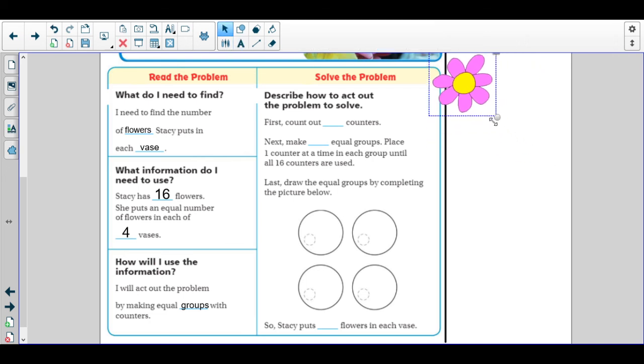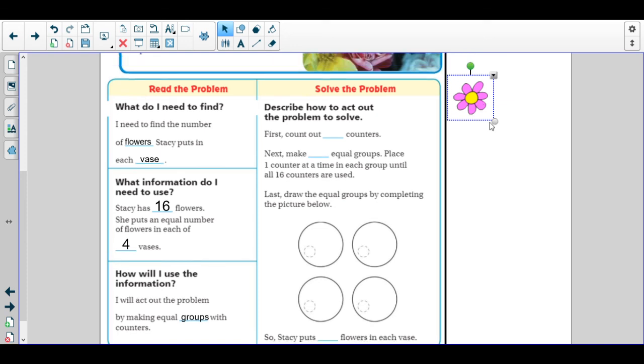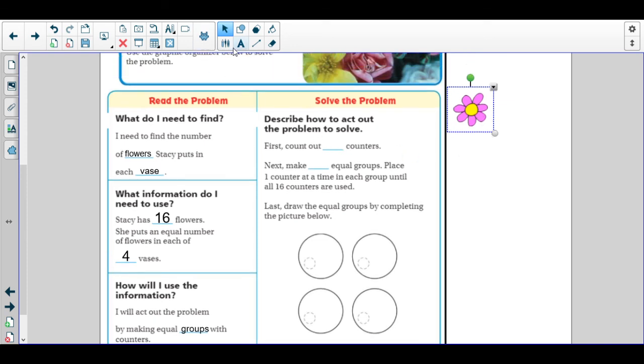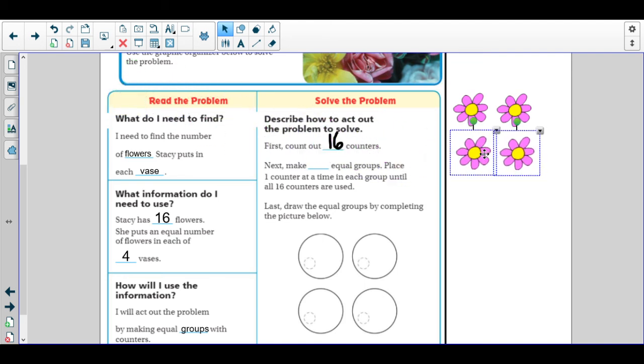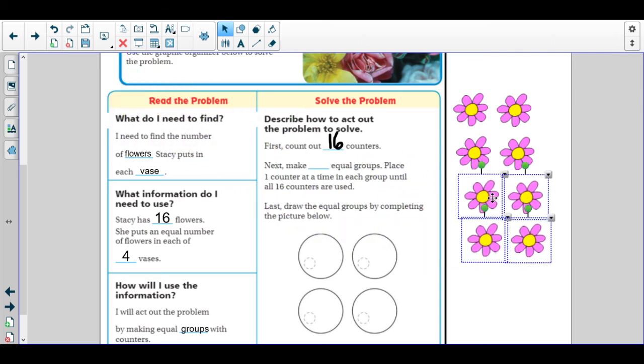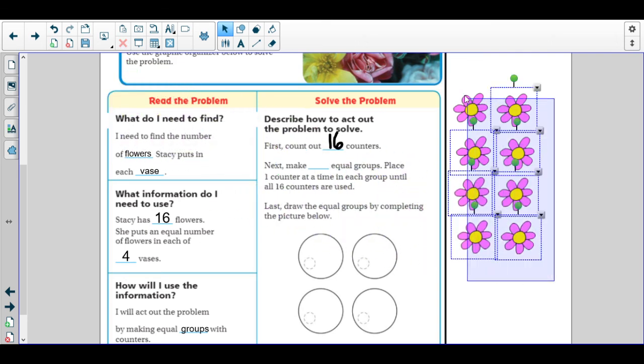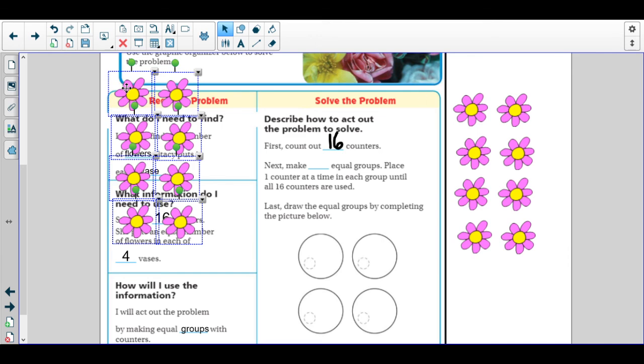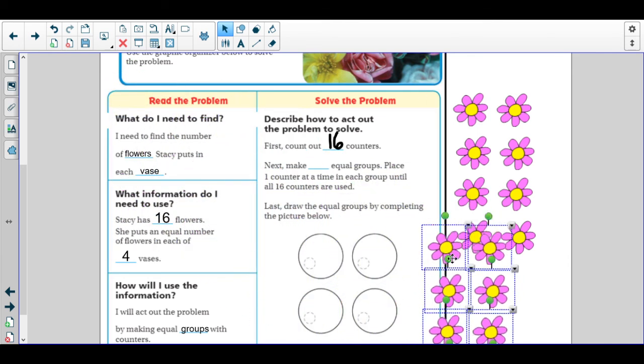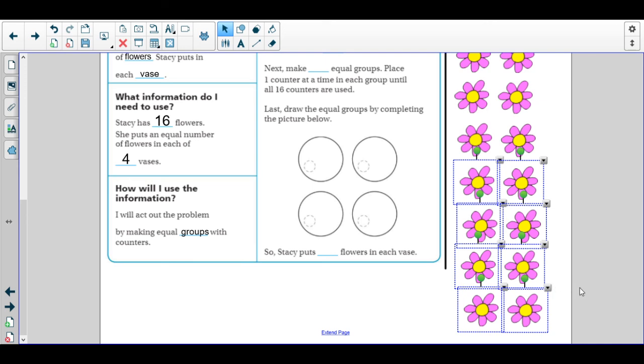So here is 1 flower. And we need to count out 16 of these. So we're not going to count them out. We're going to use copy paste. Now we've got 4. Now we got 8. And now we've got 16. All right.